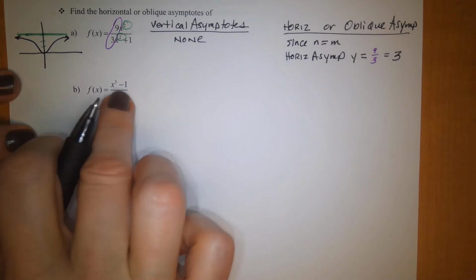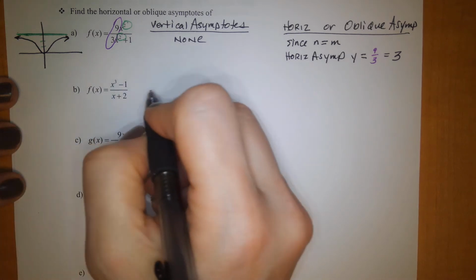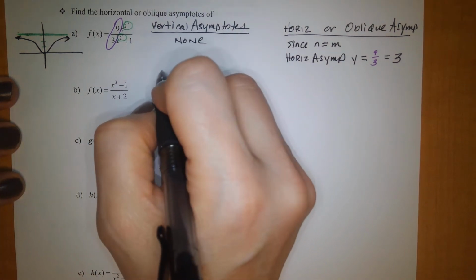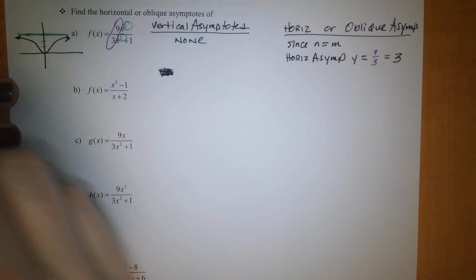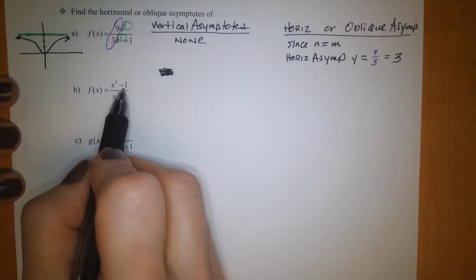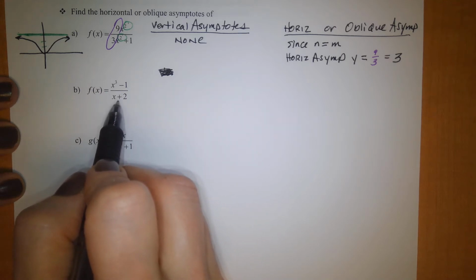We have x to the third minus 1 over x plus 2. Vertical asymptotes, we find what makes the denominator 0 when it's in reduced form. Even though this might factor out, it will never reduce with an x plus 2.